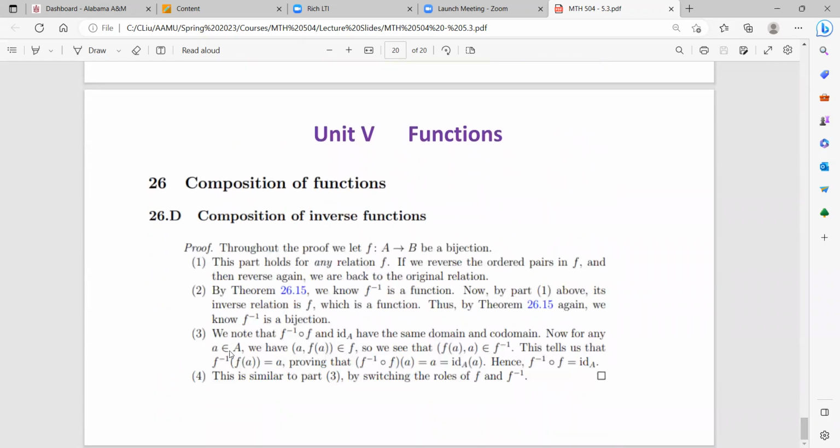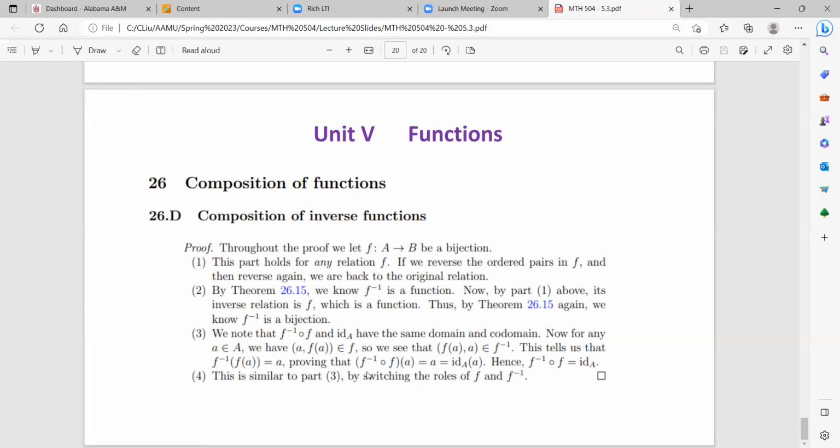If you pick any element a in set A, then the ordered pair (a, f(a)) will be in f, and when you switch the order, you get that (f(a), a) is in f inverse. So that means f inverse of f(a) equals a, right? f(a) is just the argument of f inverse, and the function value is a. If you write it in the notation for composition, that means (f inverse composed with f)(a) equals a.